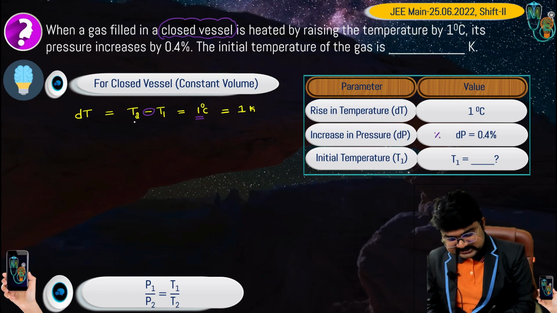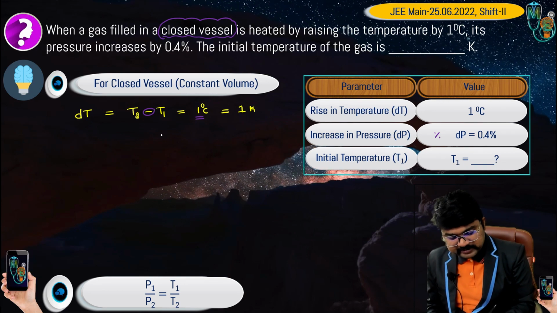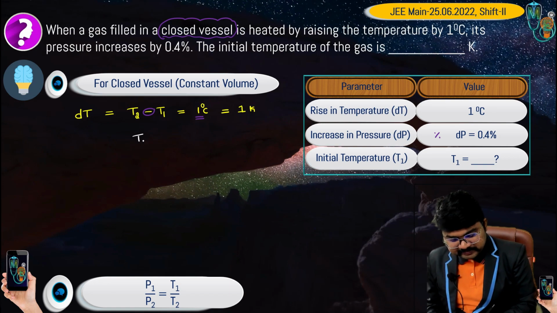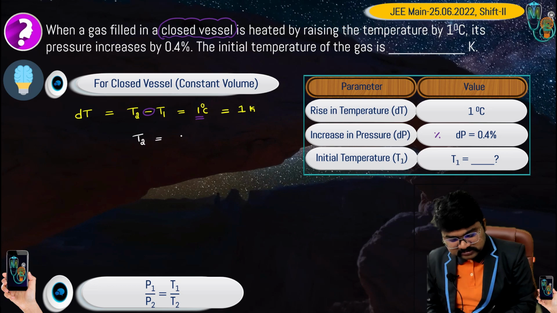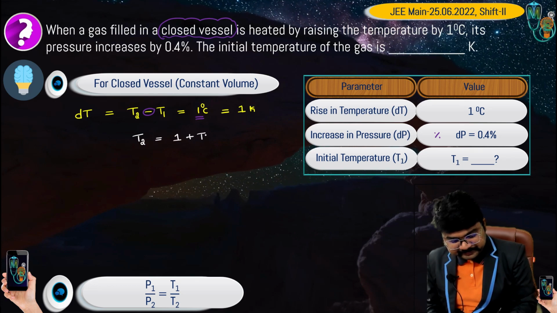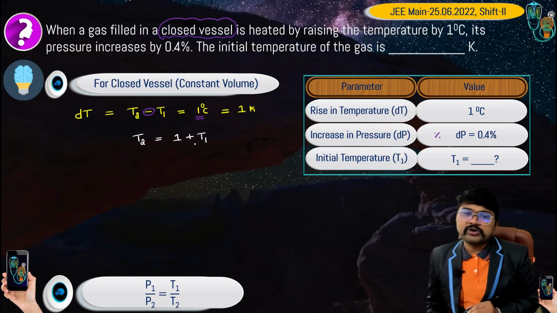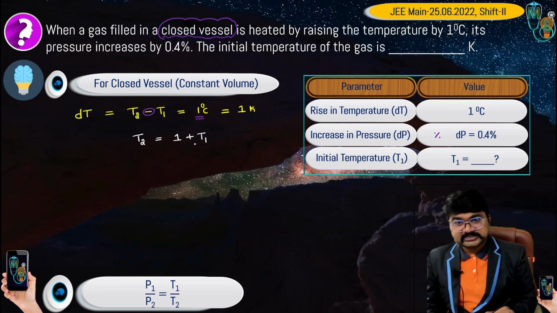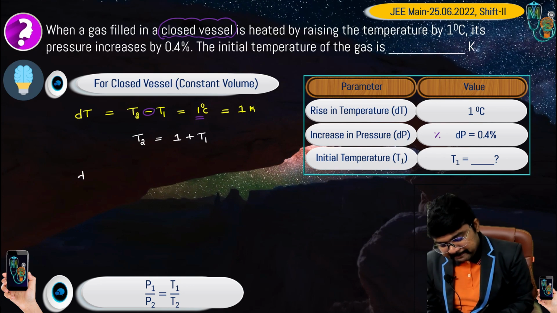So here I can say that this would be the temperature difference. I want to write T2 in terms of T1: T2 equals T1 plus 1. Now the percentage increase.